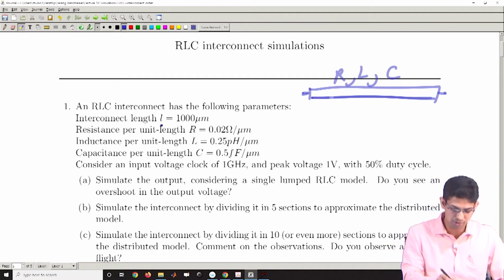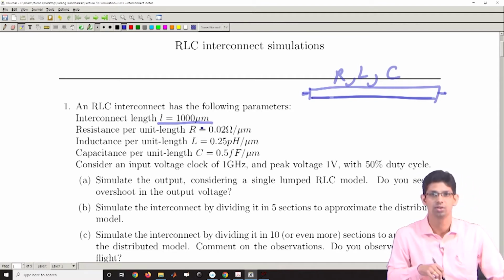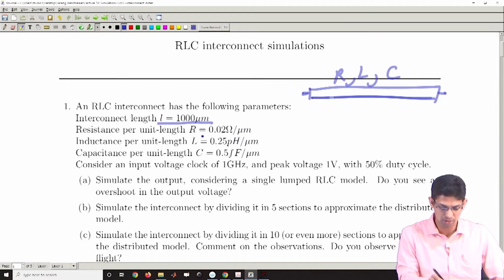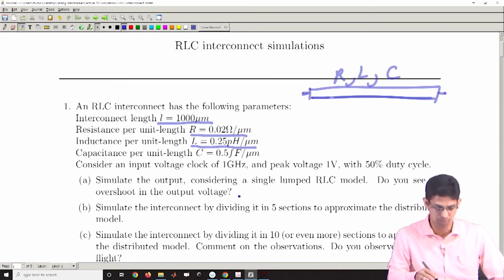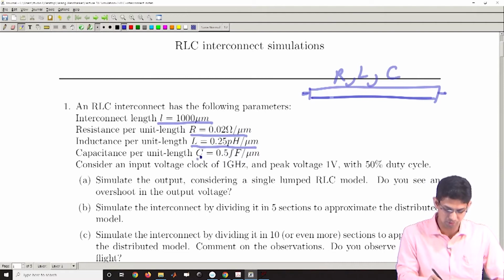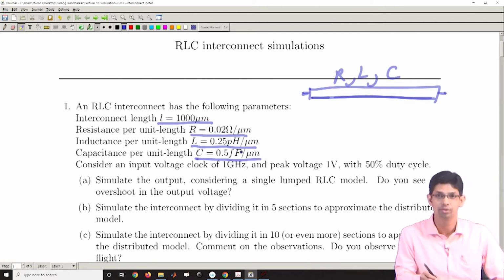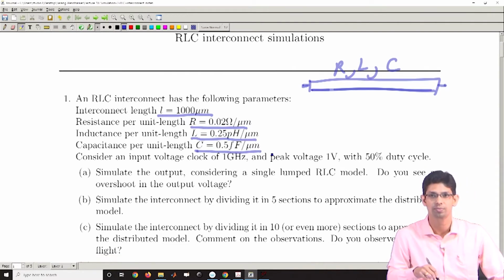It is given that the length of your interconnect is 1000 micrometers, resistance per unit length is 0.2 ohm per micrometer, inductance is 0.25 picohenry per micrometer, capacitance per unit length is 0.5 femtofarad per micrometer.